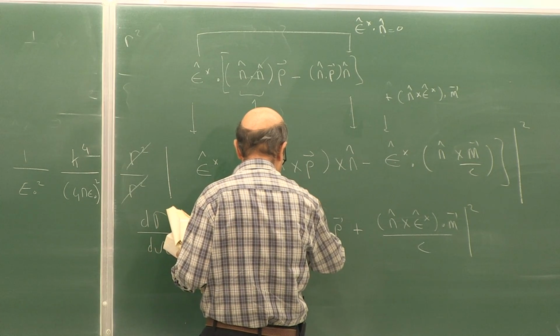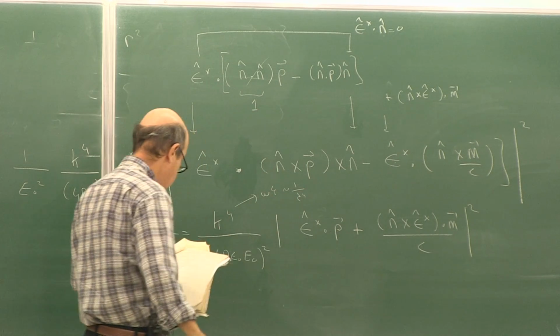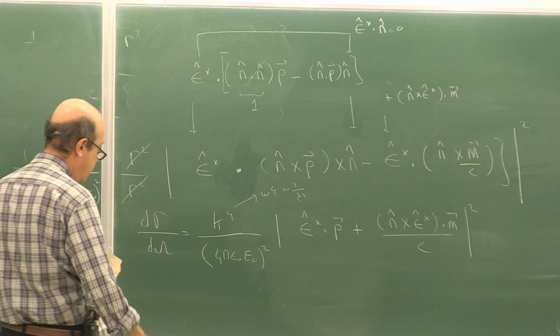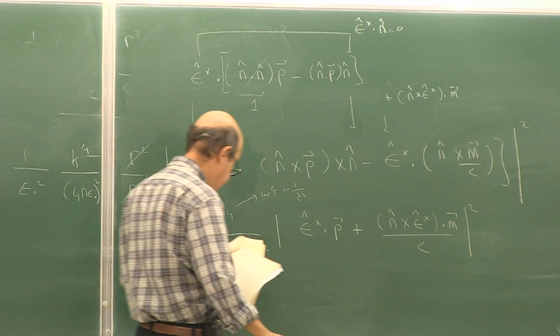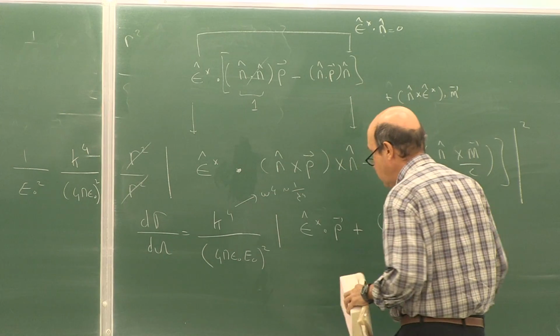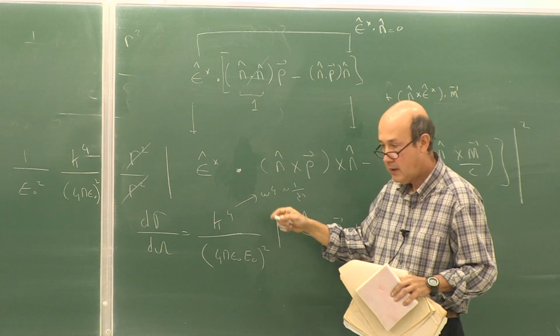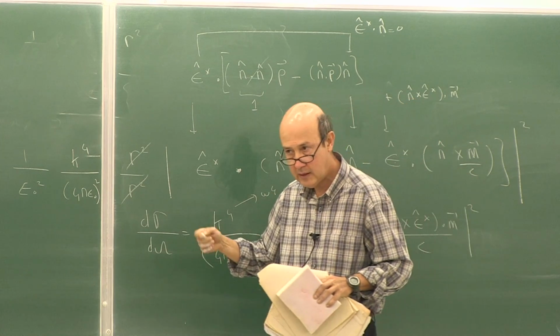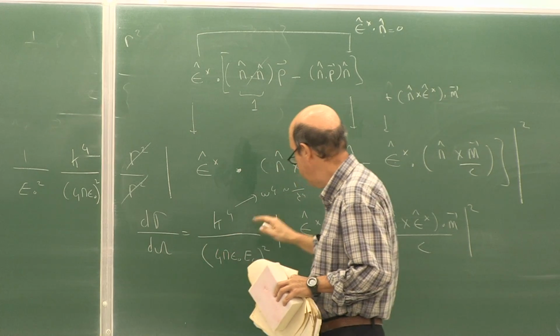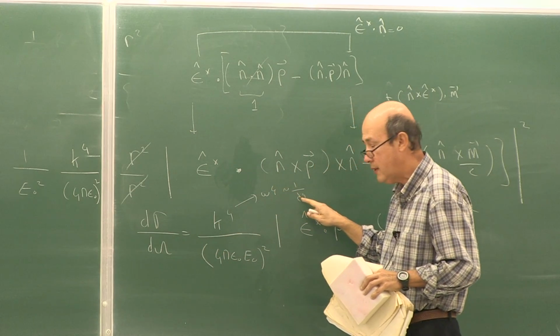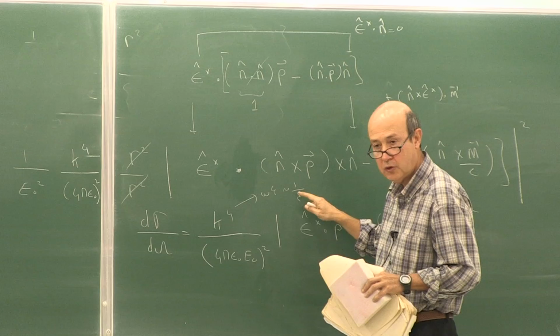One over wavelength to the 4. So basically this term is important in the Rayleigh scattering because that tells you that higher frequencies are scattered more and the lower frequencies are scattered less. And omega to the 4 is related with 1 over lambda to the 4.